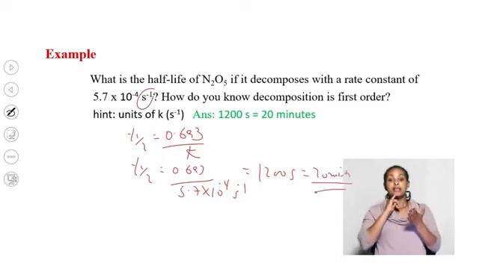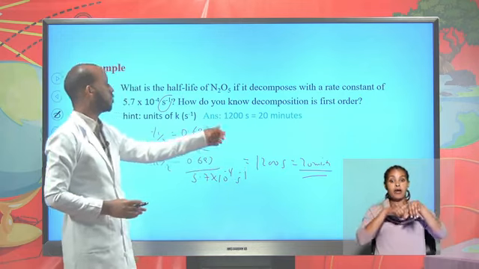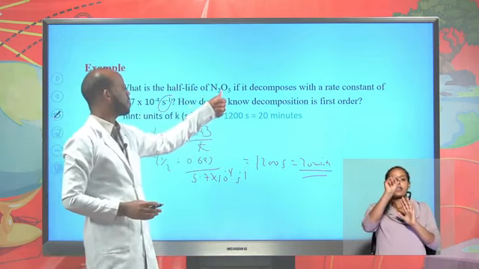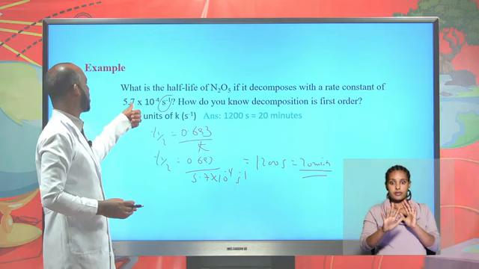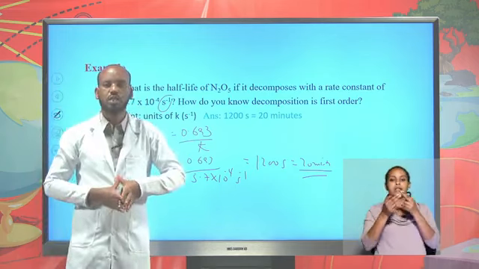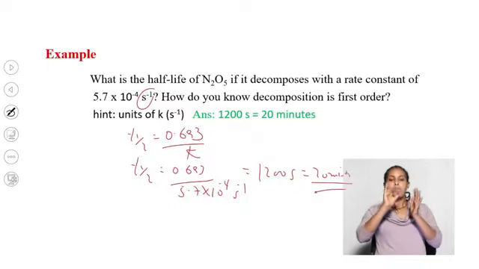This is the half-life time for the decomposition of dinitrogen pentoxide with rate constant 5.7 times 10 to the power of minus 4 per second.